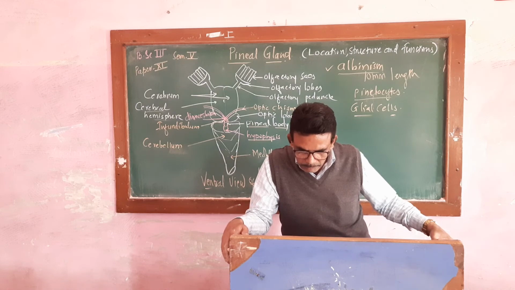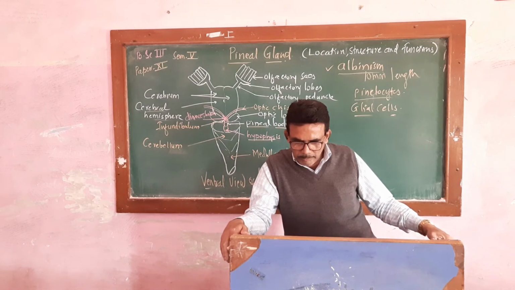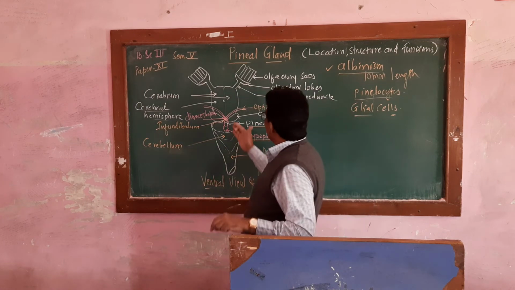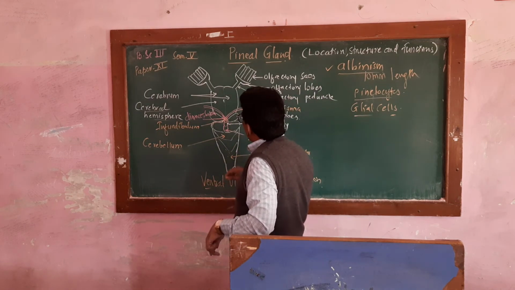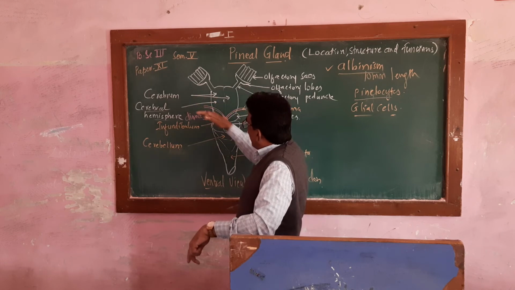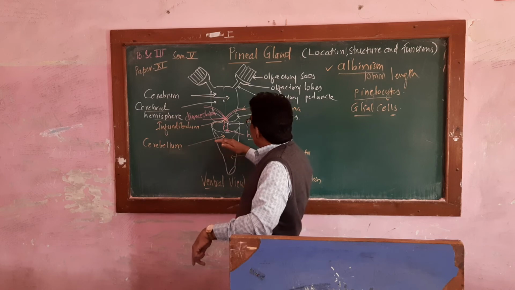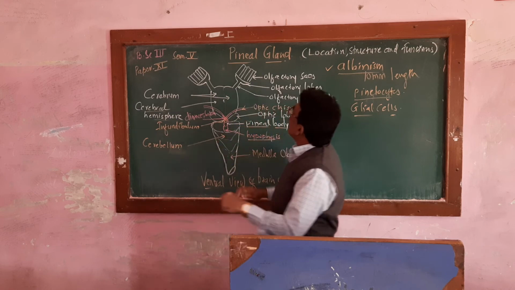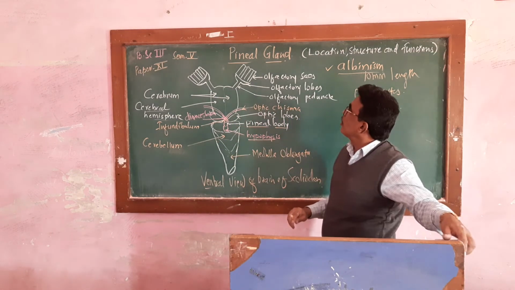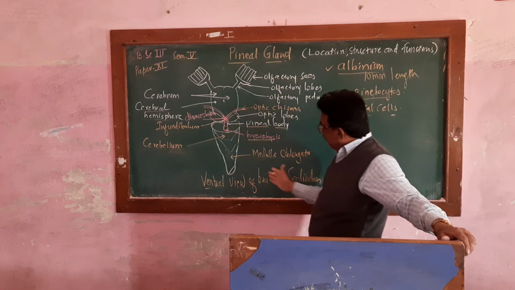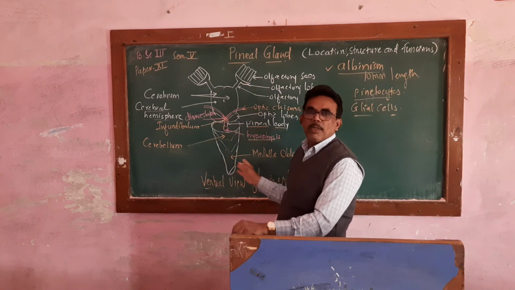and particularly the diencephalon. You know, the presence of this particular gland is at the base of the diencephalon and in between the cerebral hemispheres at the above and below there is a cerebellum. So such type of pineal gland, it shows the particular location and it's on the ventral side of the brain.